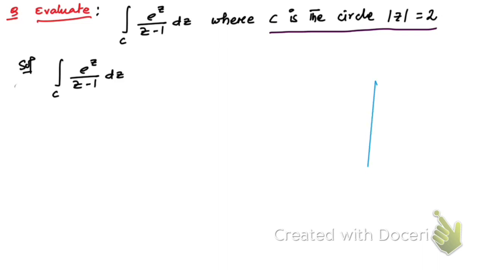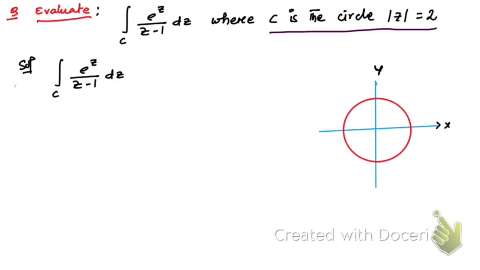Suppose this is the x-axis, this is the y-axis, and this is a circle. Mod of z equal to 2 means it passes through this point 2, so here it is 1, right?